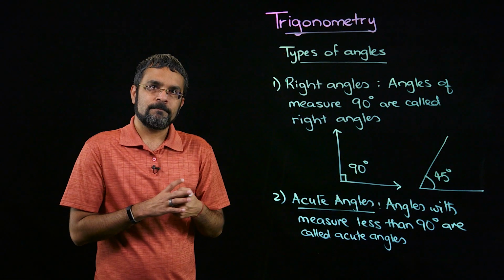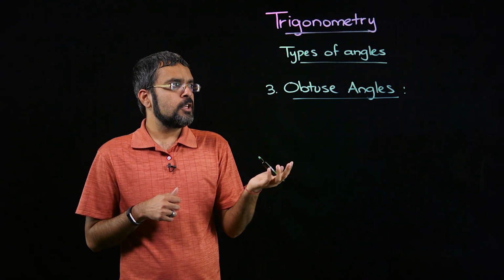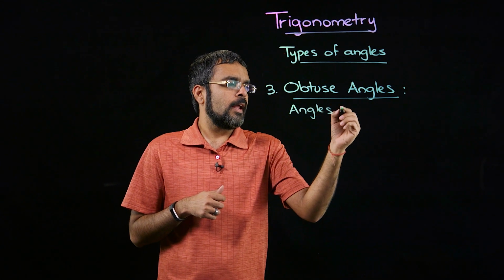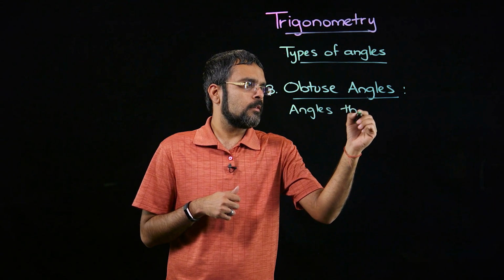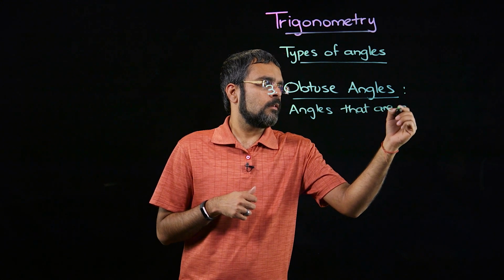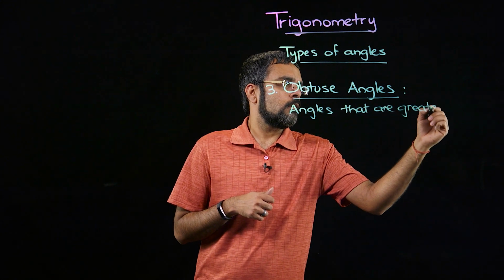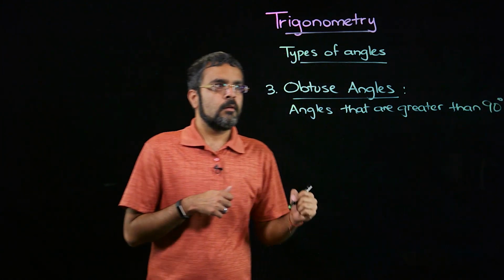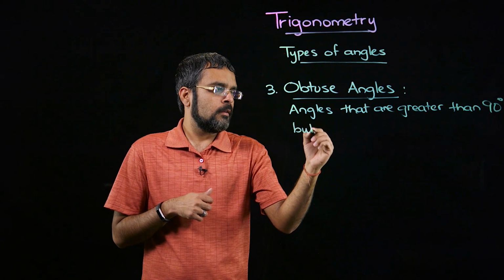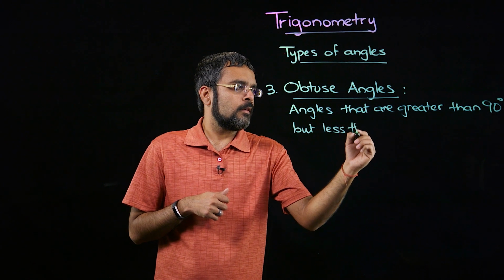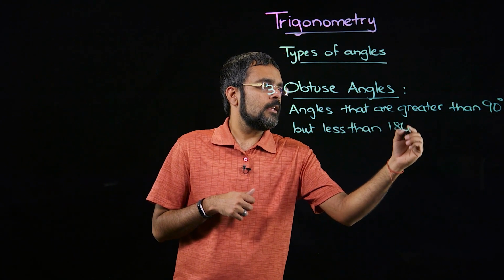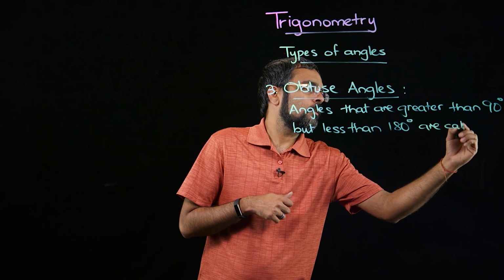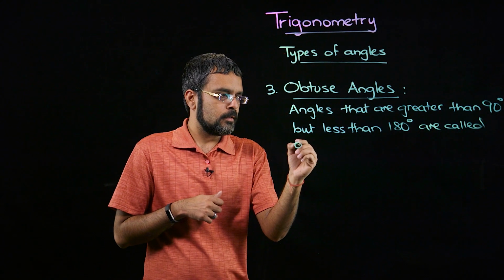Okay. Third category of angles we have are obtuse angles. So angles that are greater than 90 degrees but less than 180 degrees are called obtuse angles.